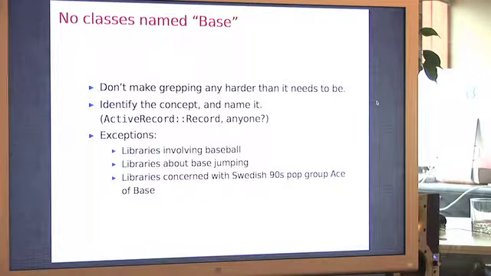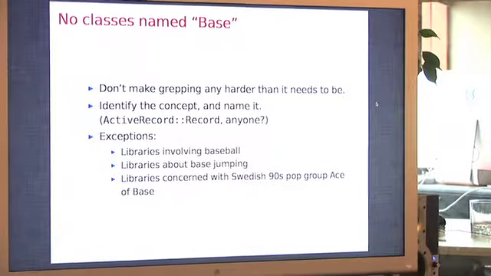If there's a concept, try to identify it, and give it a name. Like, maybe ActiveRecord::Base could have been called ActiveRecord::Record or ActiveRecord::Model. If you're actually dealing with something called bass, like baseball or bass jumping or the Swedish 90s pop group Ace of Base, then go for it. But otherwise, let's get away from classes named Base.